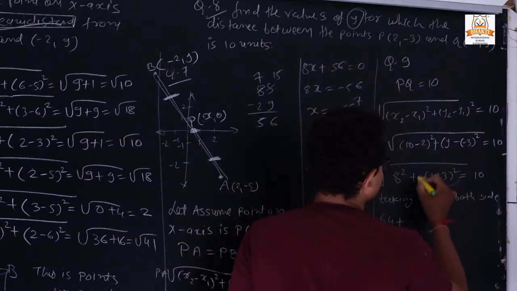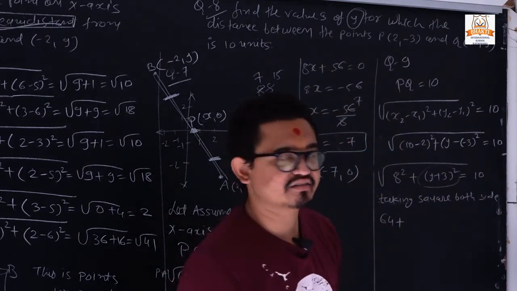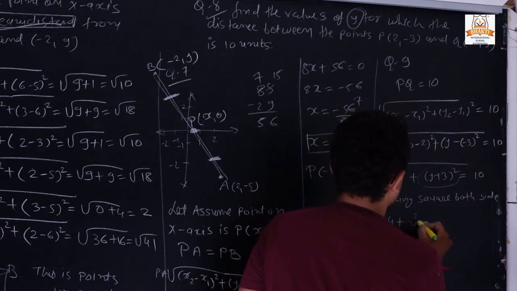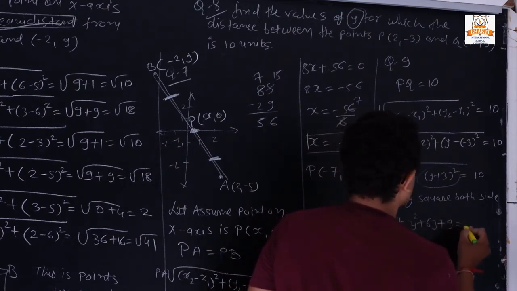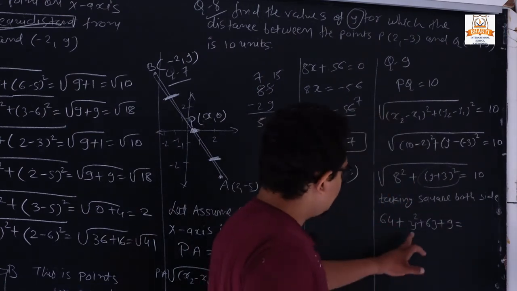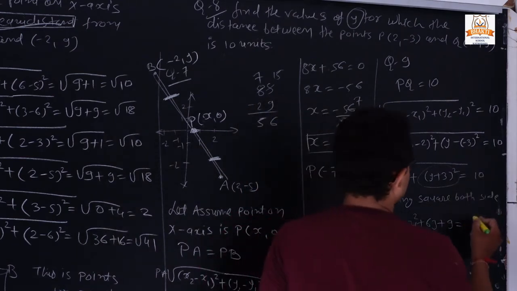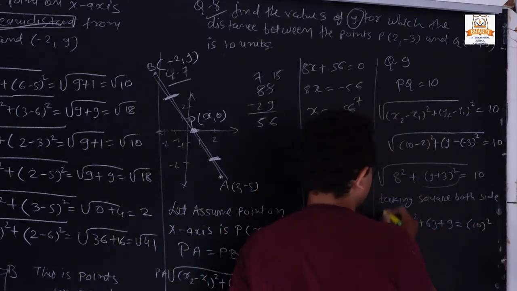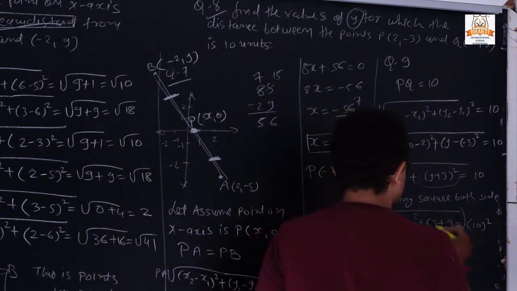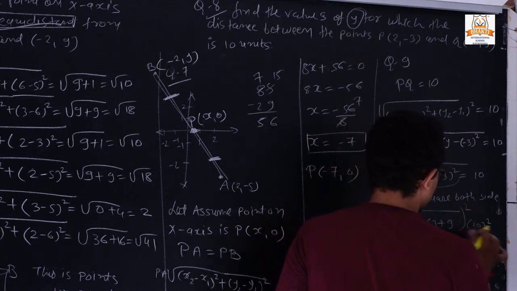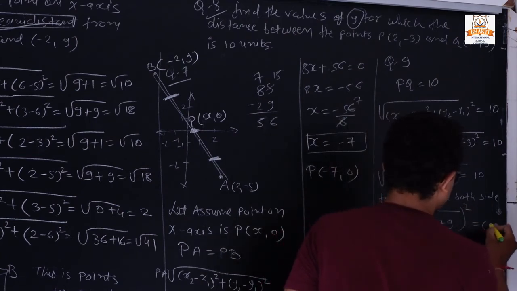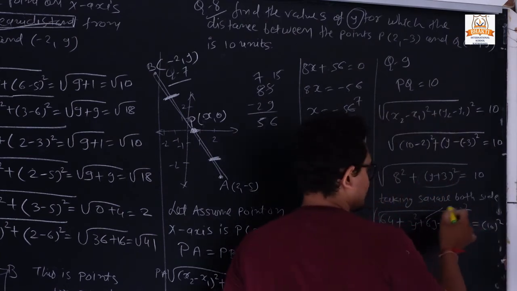Here we are using once again the formula a plus b all square, which is a square plus 2ab plus b square, and here 10 square because we are squaring the right side. Clear? So the square roots are cut.